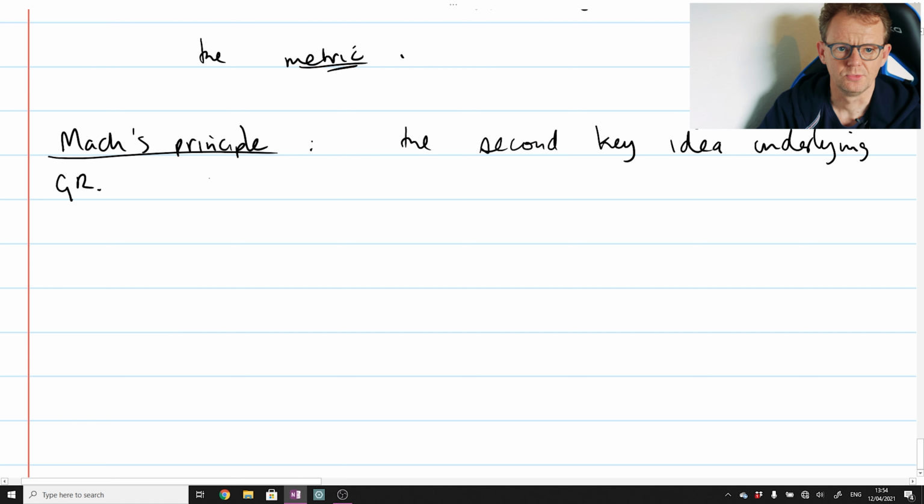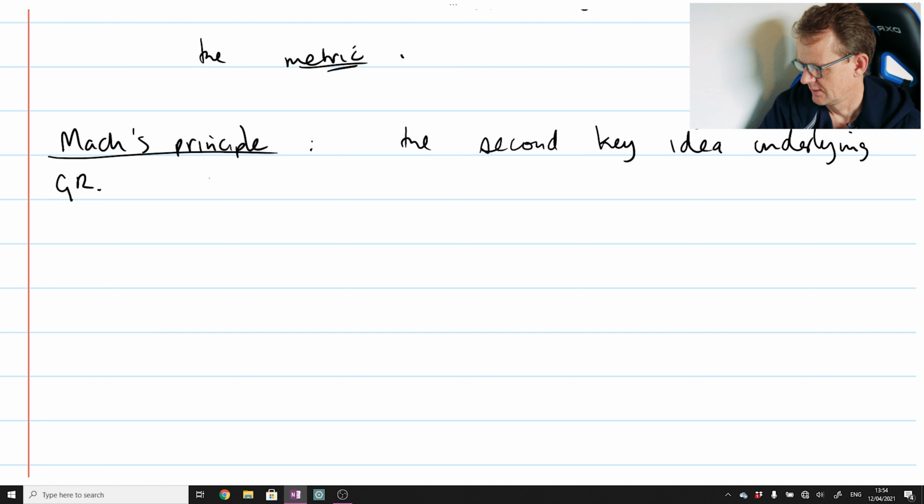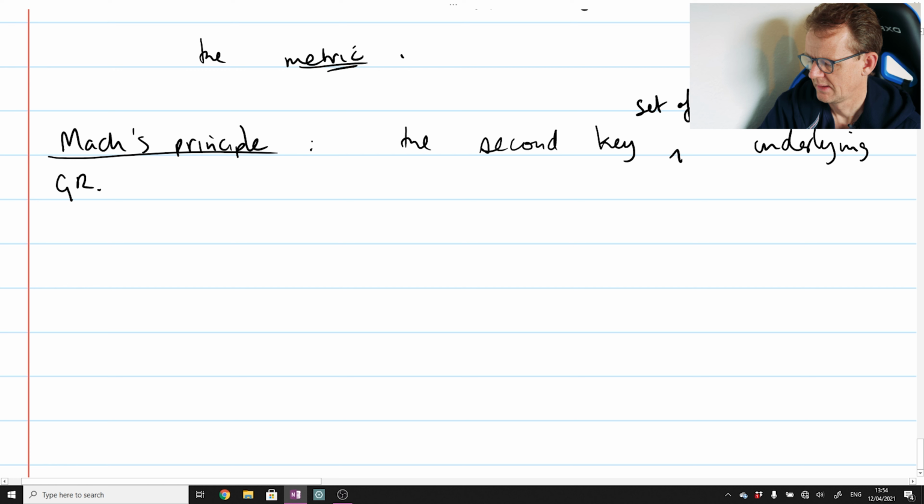And it's a bit more diffuse. It's a bit harder to make precise, but it was highly influential to Einstein. In this second key idea, really we should replace the word idea with circle of ideas, set of ideas. It's less precise.